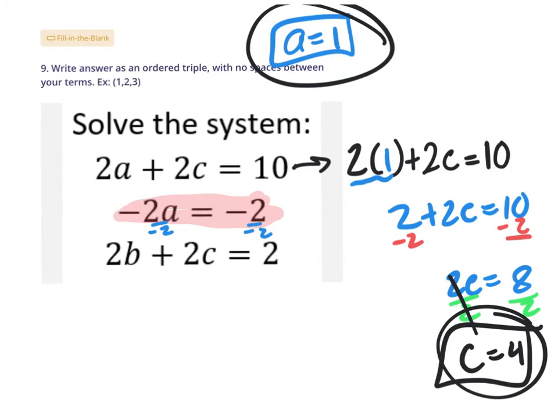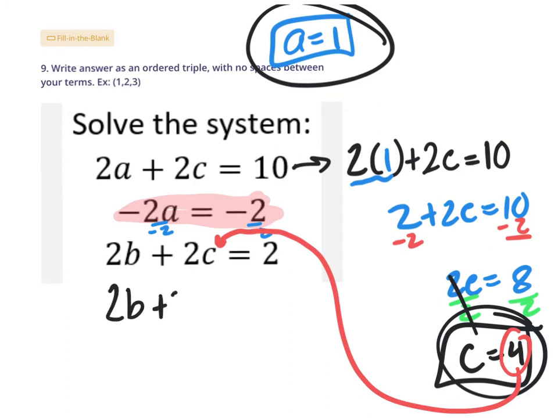So now I have A, I have C, but I still need B. So how am I going to find the B value? Again, it's all about plugging in. The only one I have to plug into is the bottom one, 2b plus 2c equals 2. If I plug in 4 right there, then I'll be able to solve for b. So I will have 2b plus 2 times 4, equals 2.